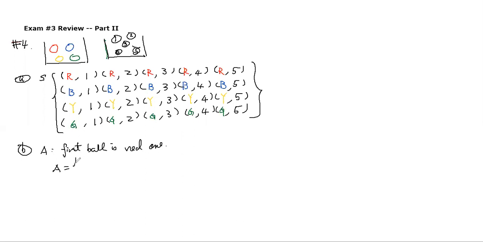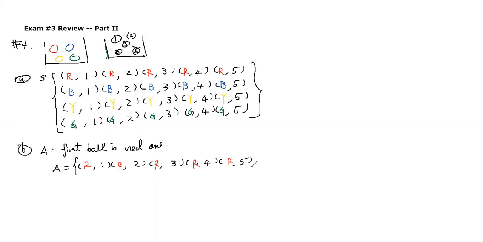The first one is red. How many do I have? I have 5 of them: red, red, red, red, red. That is my event A.